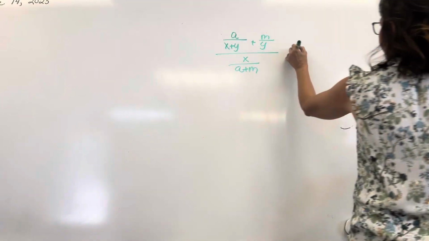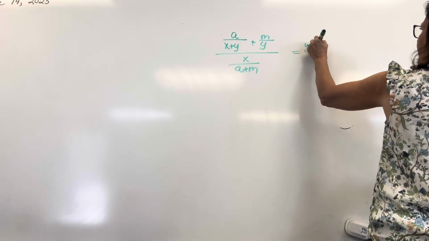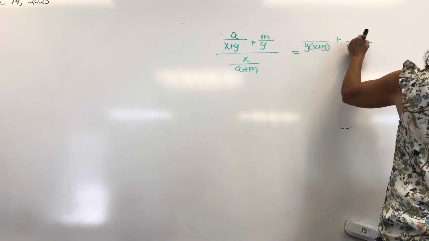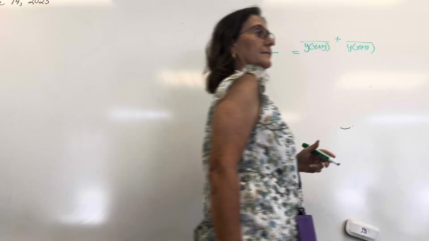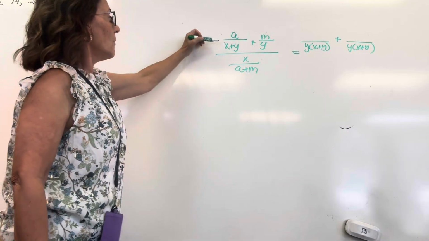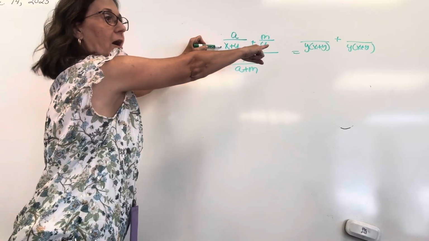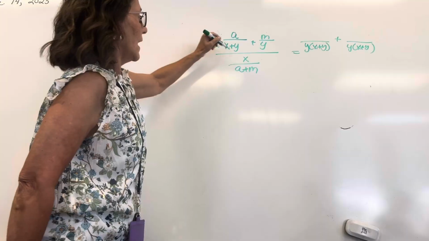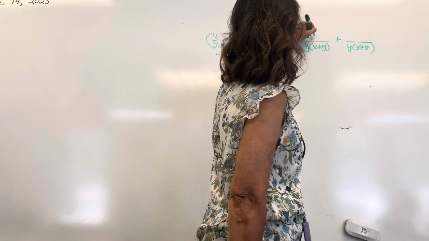That's what it's going to be. Those terms multiplied. So what do I multiply this term by to get to that common denominator? Y over y. So here I end up with a y.